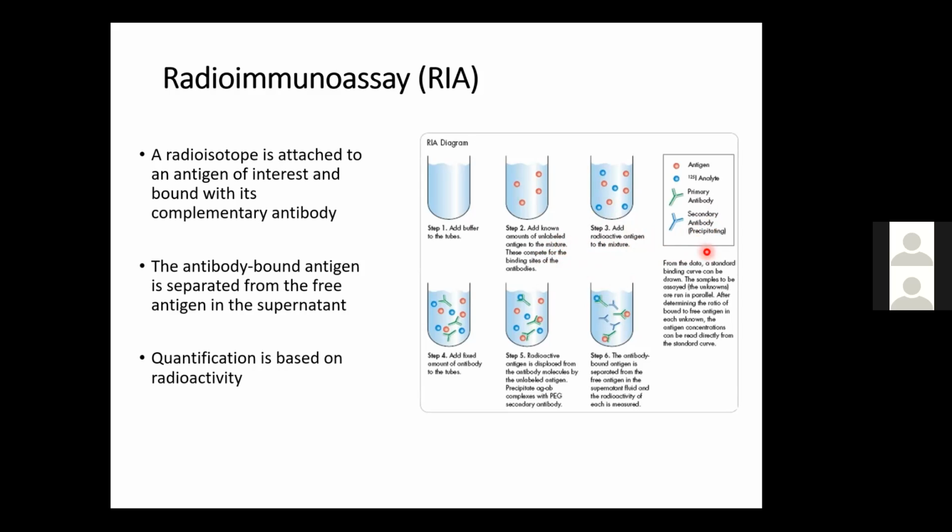Usually you use a primary antibody, and there's also a secondary antibody, which will provide the precipitate, or form the particular complexes that you're measuring. We add a fixed amount of antibodies, and then we add the radioactive antigen, which will be displaced from the antibody molecules. The final step is that the antibody-bound antigen is separated from the free antigen in the supernatant fluid, and the radioactivity is then measured, which is used as a quantitative measure of the presence of a particular analyte.